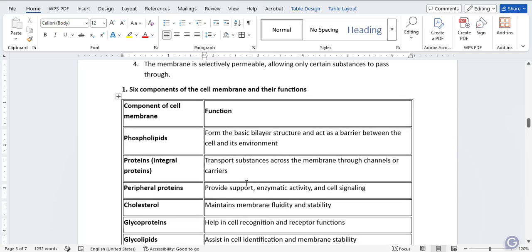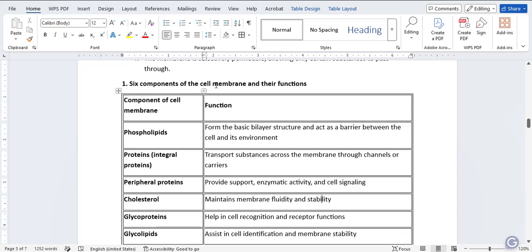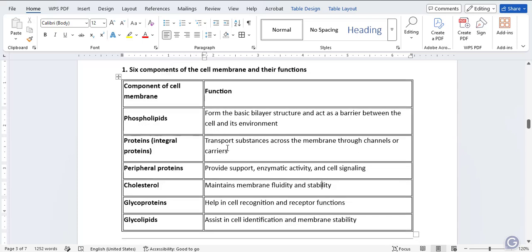The components of the cell membrane and their functions. I added some more so that again you can update your knowledge. Phospholipids form the basic bilayer structure and act as a barrier between the cell and its environment.